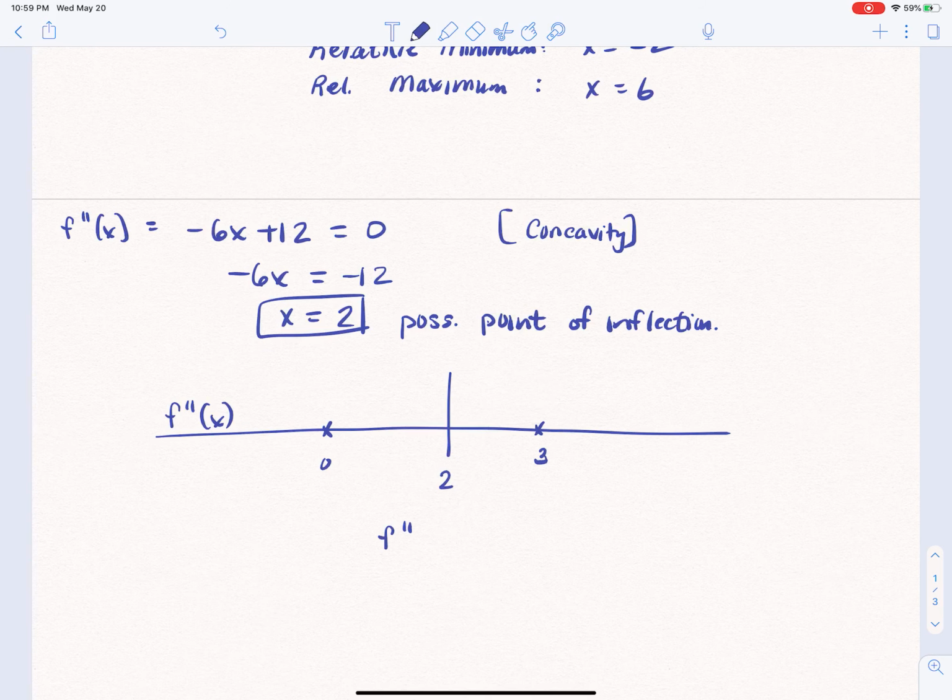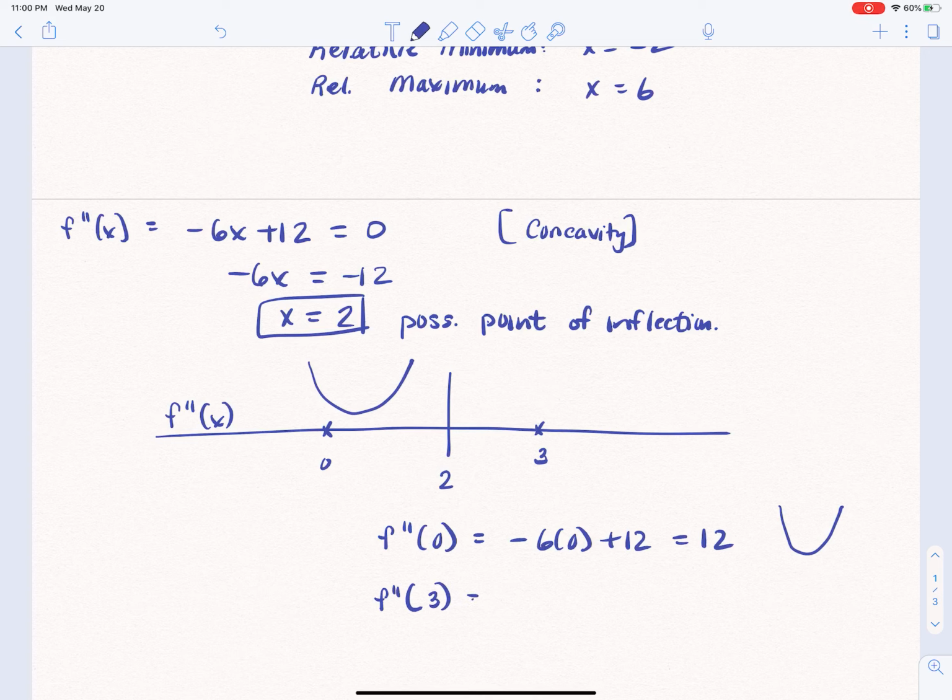So f double prime at 0 is -6 times 0 plus 12. Which is 12, which again, remember, second derivative tells you concavity. So this graph is concave up on that entire interval. And f double prime at a point on the right of 3. Now again, I don't care about the value, but I do care that it's negative.